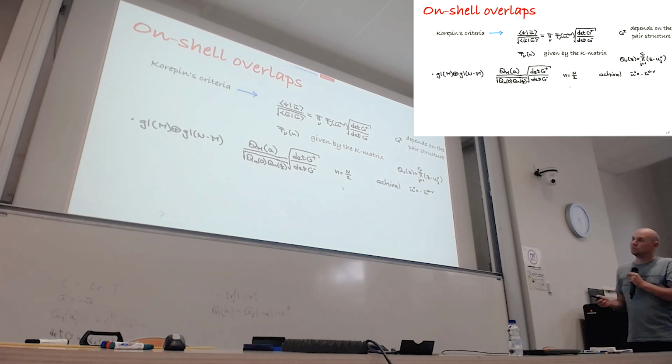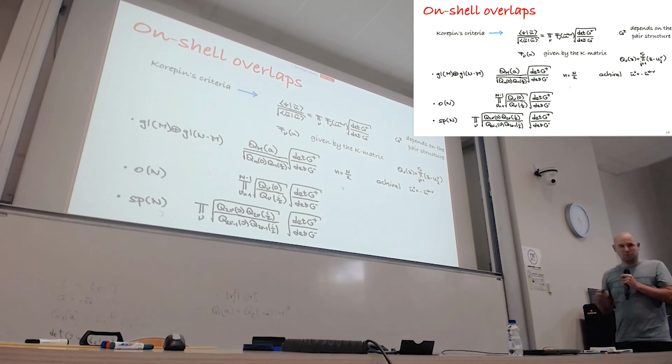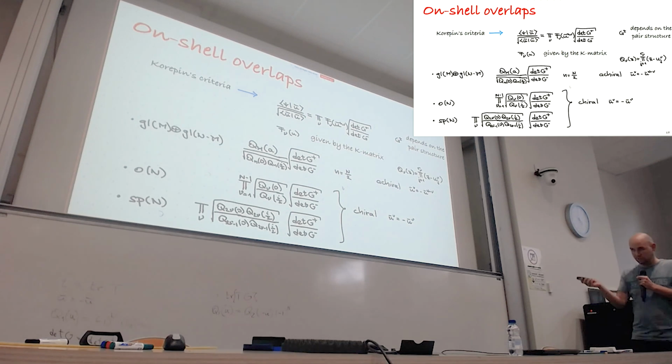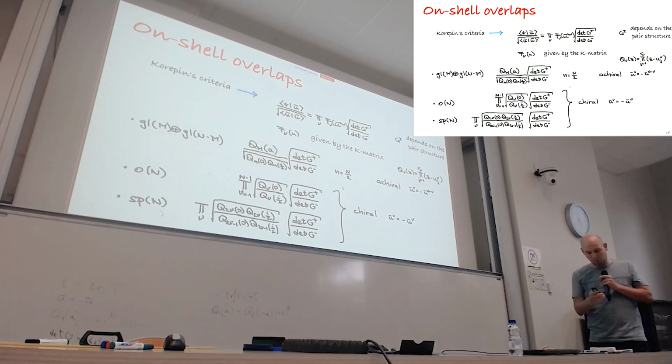In this formula, we have an achiral pair structure. And for the twisted situation, we have these two types of overlaps, and in these formulas, we have a chiral pair structure. Okay, so this is the final answer for the GL_N spin chain with two-sided boundary states.